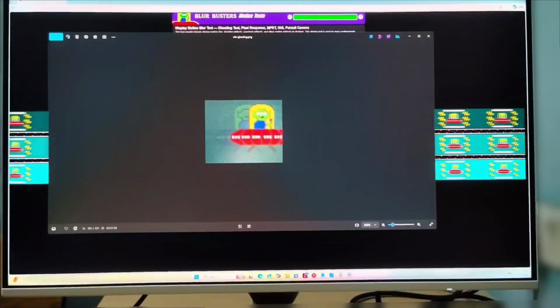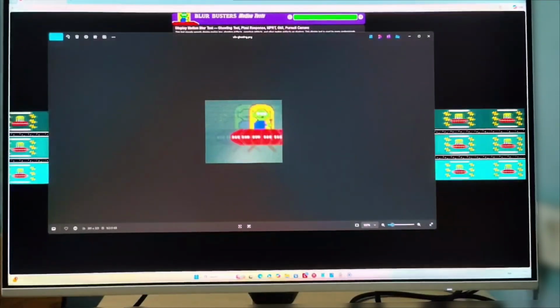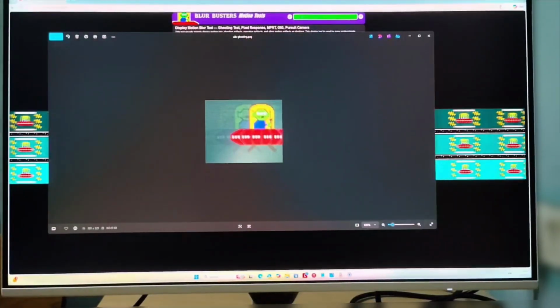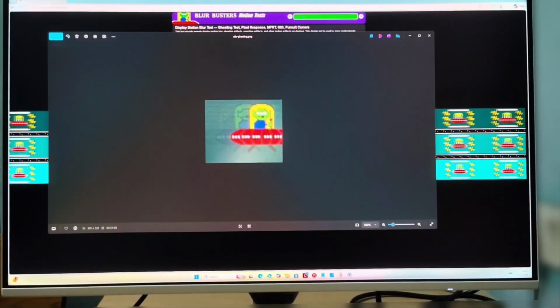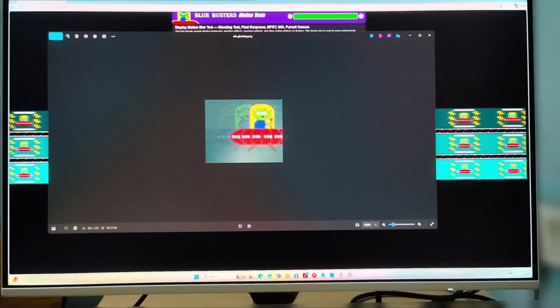Even though the monitor specs claim a 1 millisecond response time, it means that the fastest response time is 1 millisecond, and that's not true for all transitions. Pixel response is not instant, linear, or the same for all transitions.